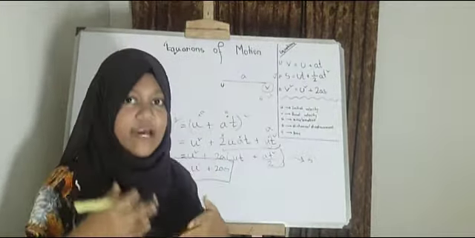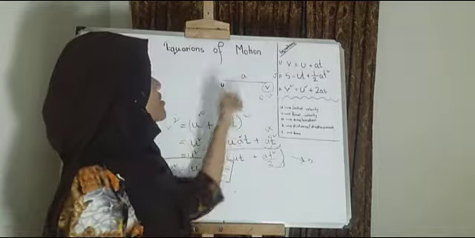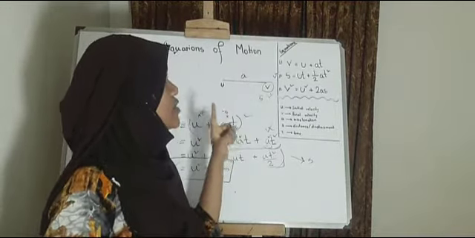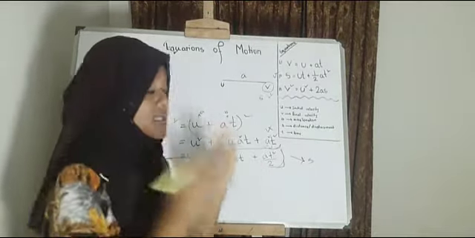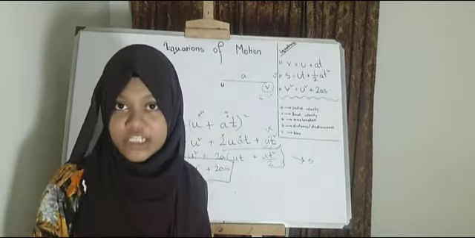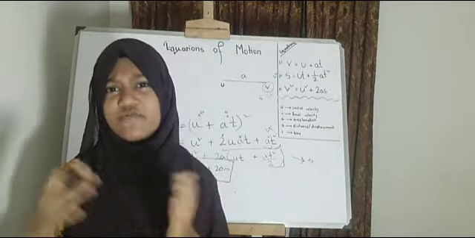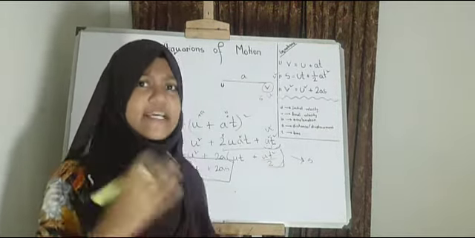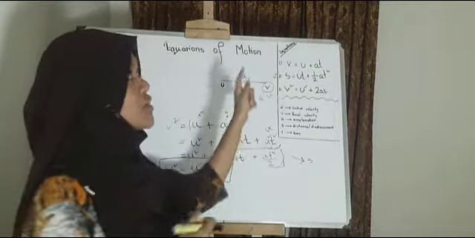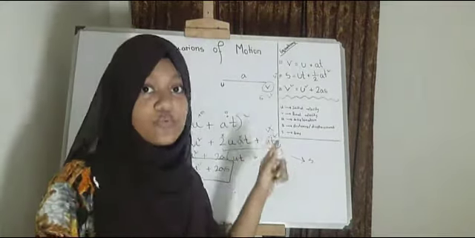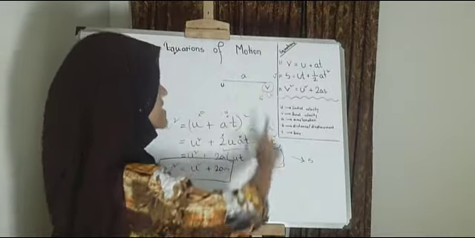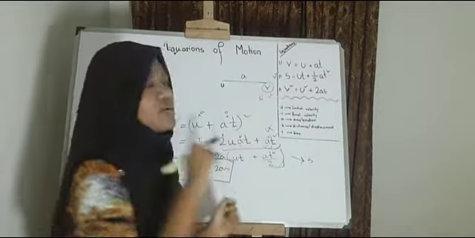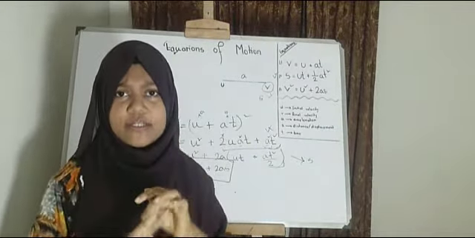So let us remind. For the first one, we needed the concept of acceleration: the rate of change of velocity with time is acceleration. From that we got v equals u plus at. The second one we got from two terms.